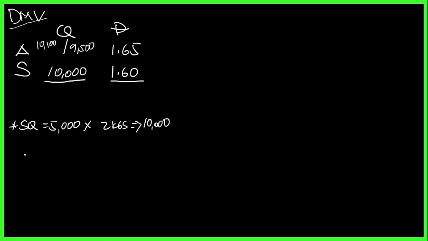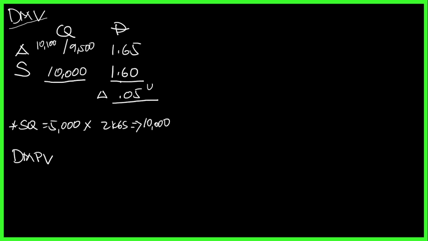So how do you compute for your direct materials price variance? It will come from the difference in the price. So that's 1.65 minus 1.6. You will get 0.05. As of this point, you already know that this is unfavorable. Why? Because the actual cost is higher than the standard cost.